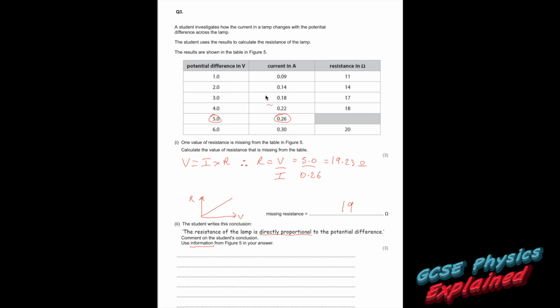So what we can say is that as the voltage gets bigger, the resistance gets bigger, but as the voltage doubles, the resistance does not double. We could take some more values. If we double it from 3 to 6, does the resistance double? 17 would go to 34. No, it doesn't.